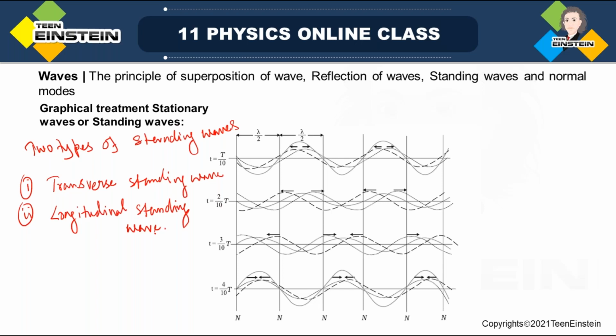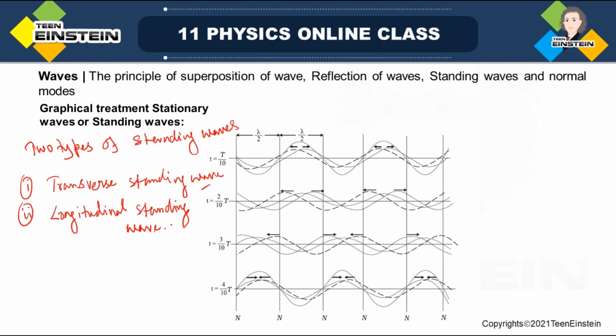So when two identical transverse waves traveling in opposite directions overlap, a transverse standing wave is formed.